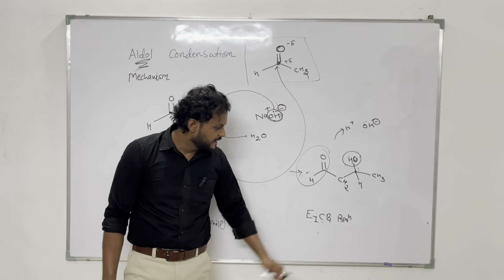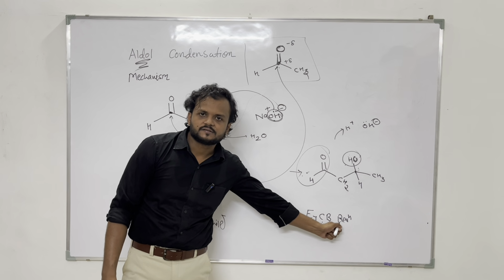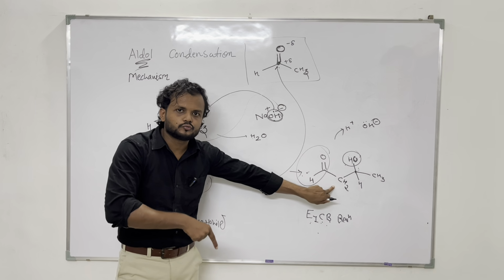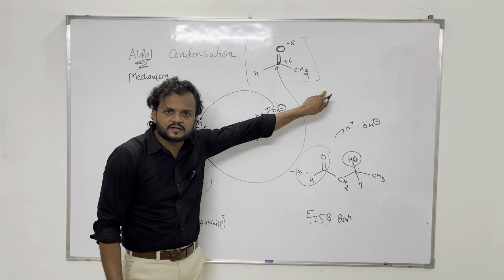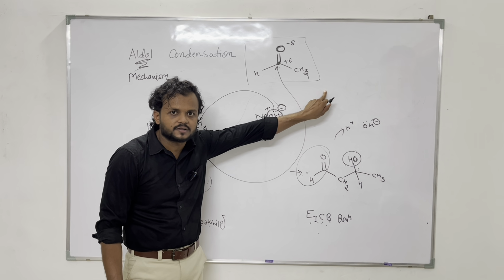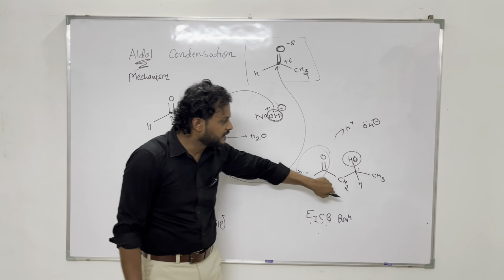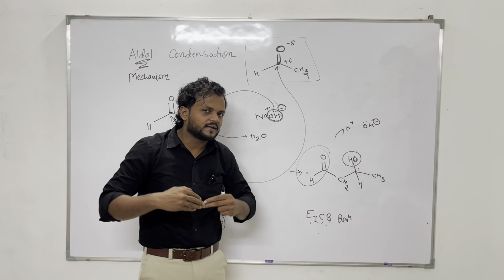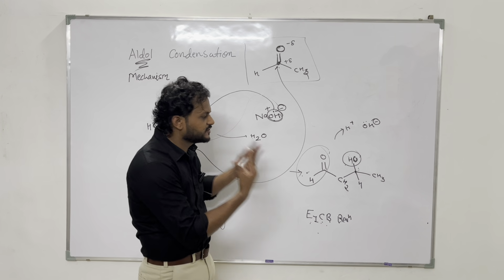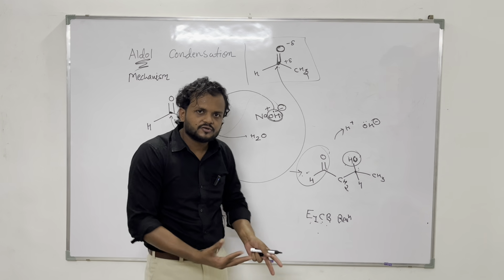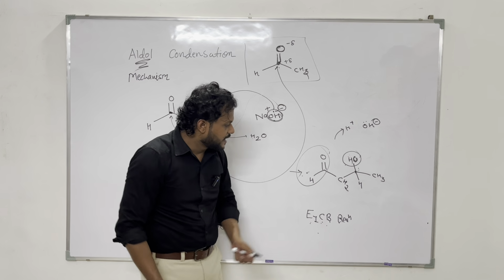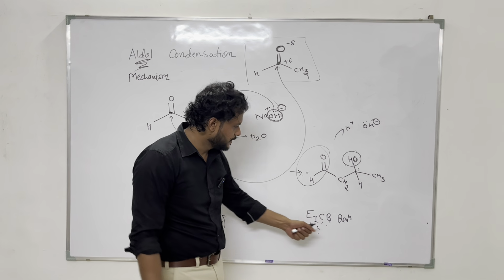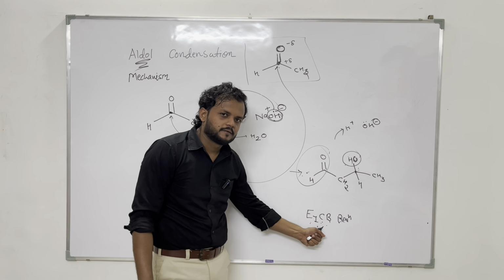The E1cB reaction of aldol leads to formation of our final product, which is an alpha beta unsaturated carbonyl compound. We don't have unsaturation right now, we just have aldol, but we need to make the unsaturated product, and for that we need to remove water, so we perform the E1cB reaction.